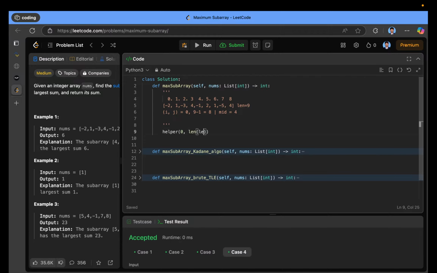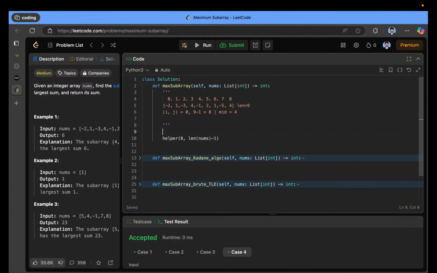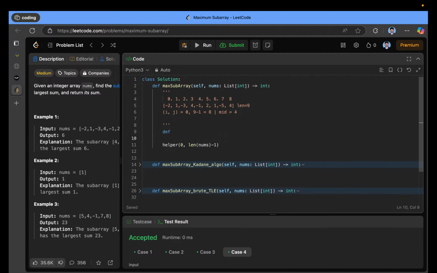So length of nums minus 1, this will give the index. Now let's make that function: def helper, with start and end, I comma j is better, I will take i, j.